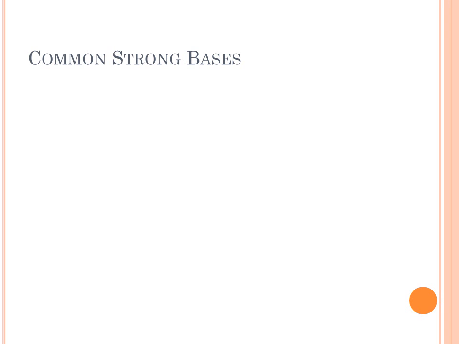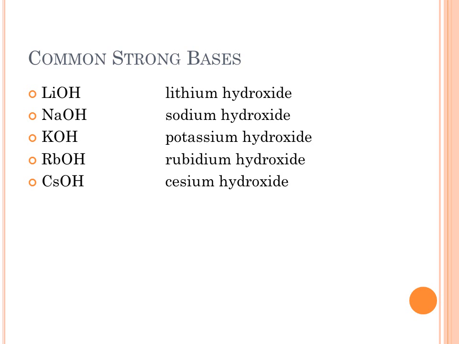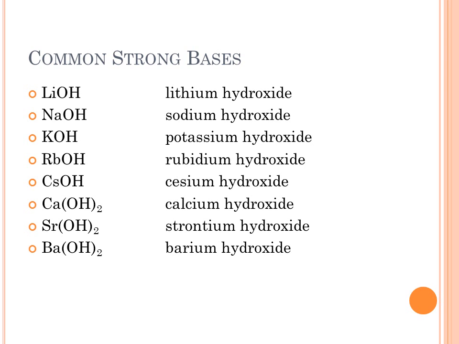Similarly, you can say very similar things about the strong bases that are common. We have lithium hydroxide, sodium hydroxide, potassium hydroxide, rubidium hydroxide, cesium hydroxide. Then we have calcium hydroxide, strontium hydroxide, and barium hydroxide, although the group 2A metal hydroxides are significantly less soluble.